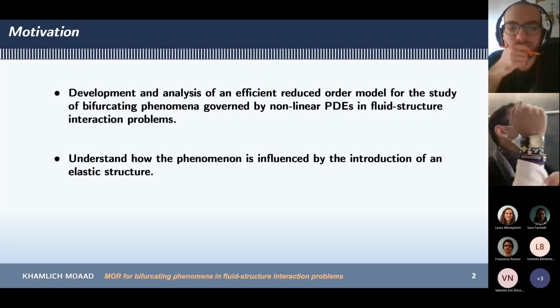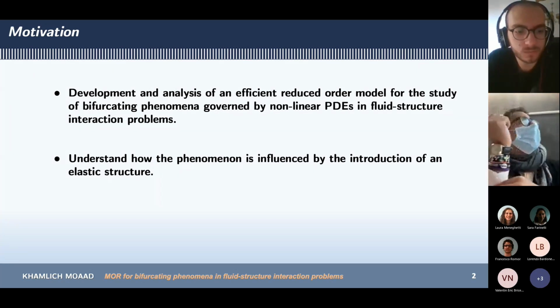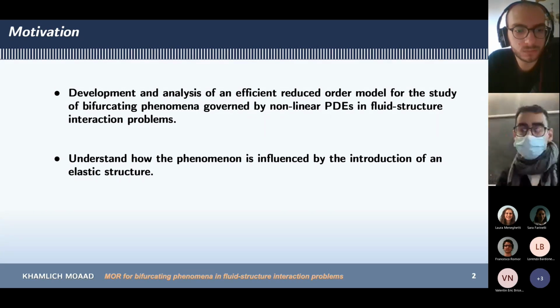In particular, we dealt with a test case of a fluid structure interaction problem, which is governed by the Coanda effect, which I will shortly discuss.